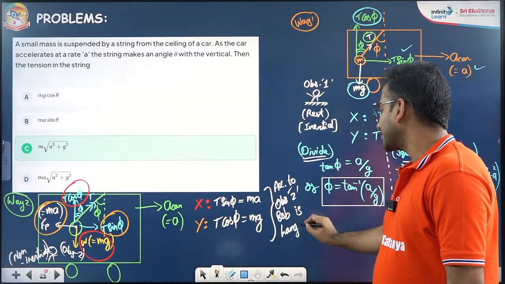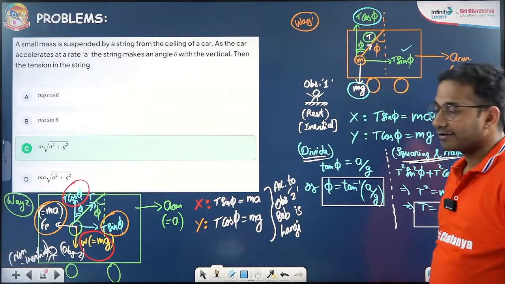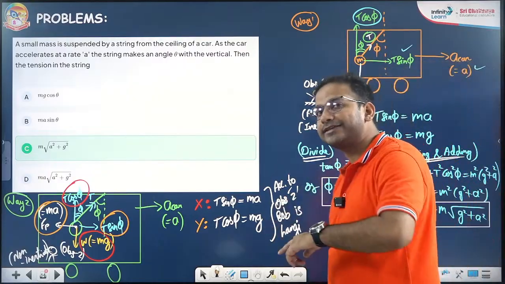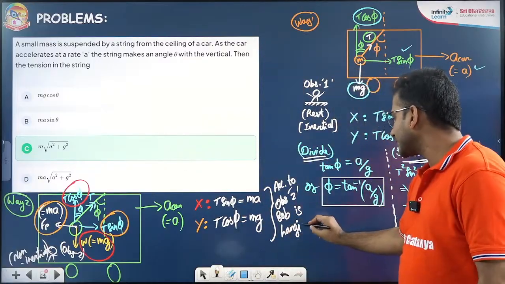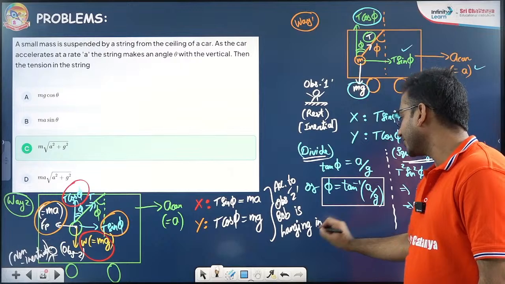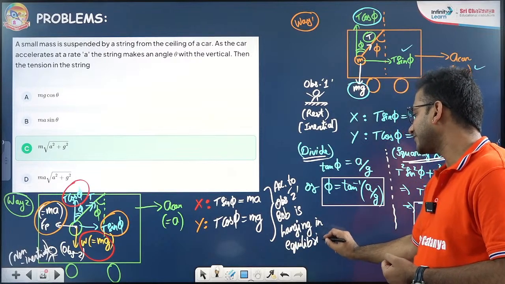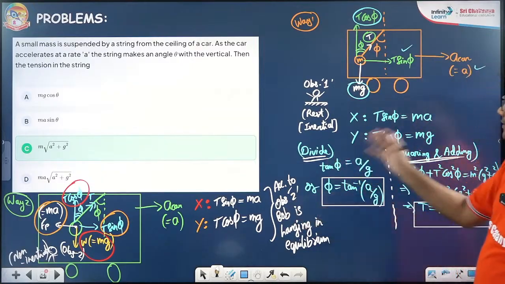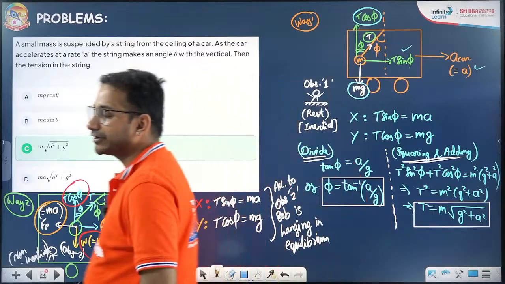According to the observer on the ground, the Bob was moving along with the car. But according to the observer standing inside the car, it is just hanging with time, in equilibrium. In that case, you can just balance the x-axis force as well as the y-axis force. And the moment you balance that, you get the same equation, exactly the same conclusion.